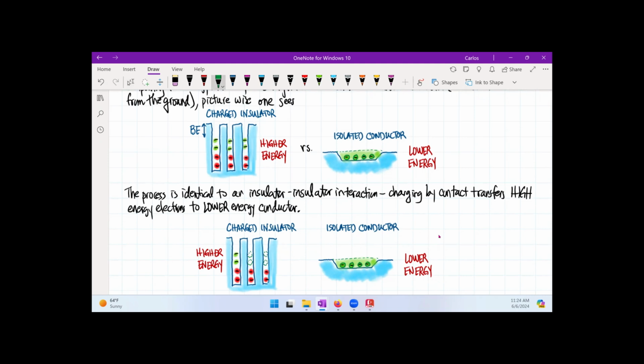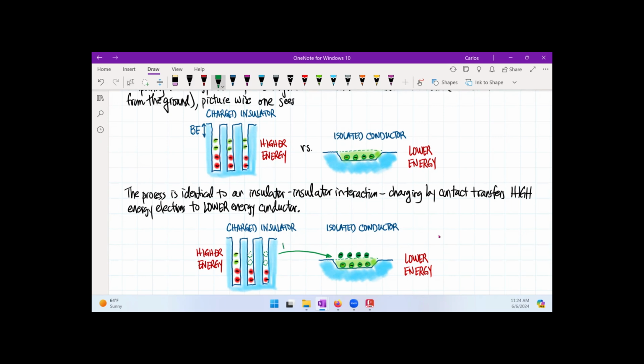As a consequence, I now get these transferred electrons. These negative electrons are transferring over to the lower energy conductor.